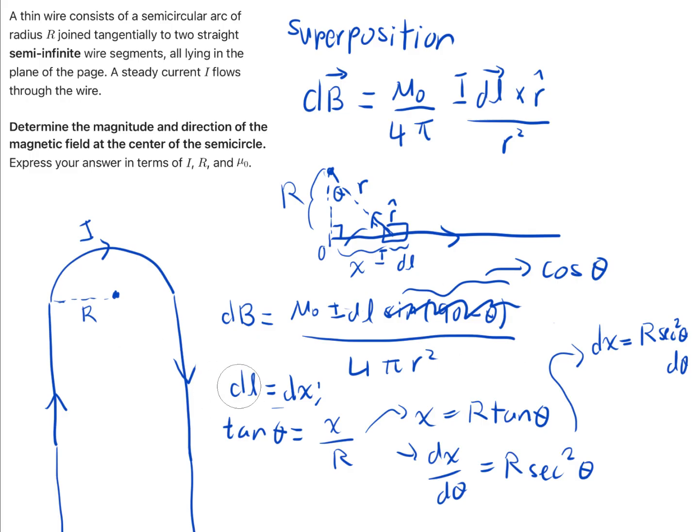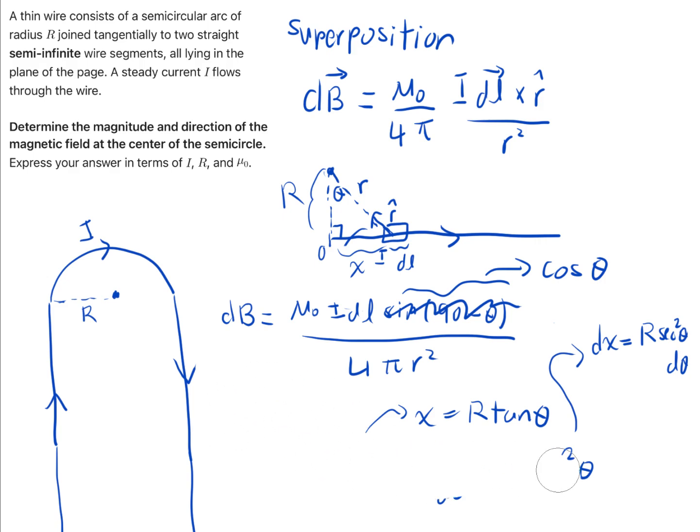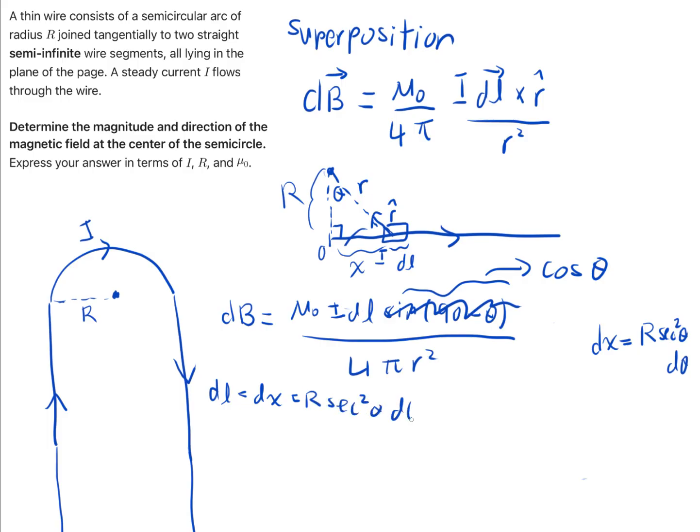So let me erase this a little so that we have more room. dl equals dx equals r secant squared of theta d theta. So now we have this part down and we can sub it in. Now we also need to find what this distance r is in terms of theta.